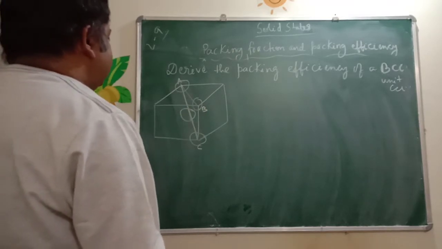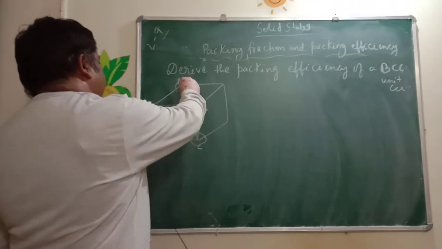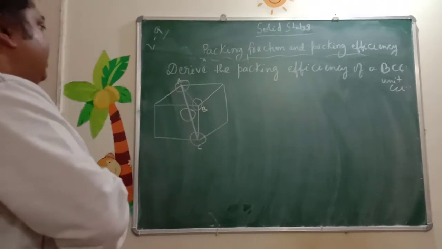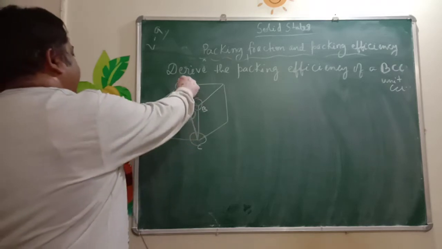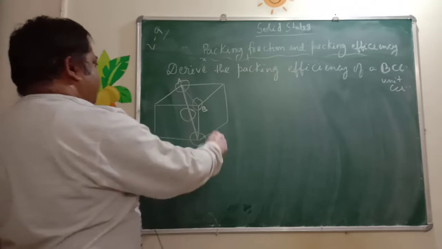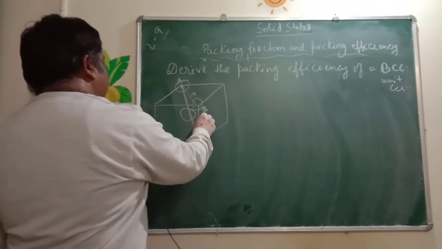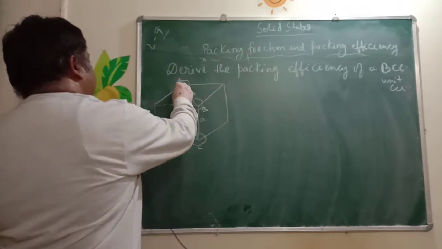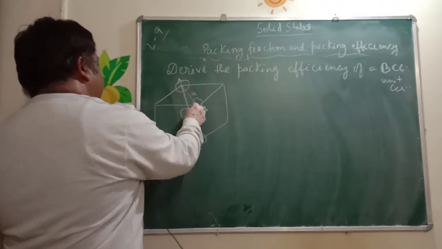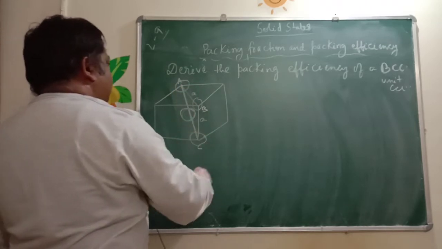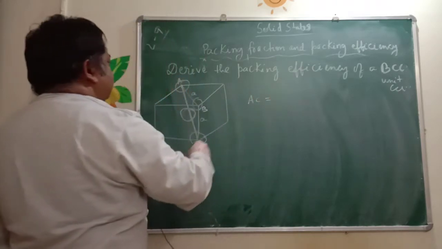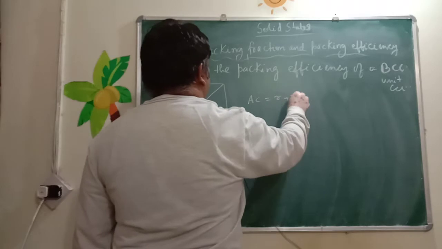Now in this case, this body diagonal is in touch with the two particles in the corner, so we can write AC is equal to R plus 2R plus R.